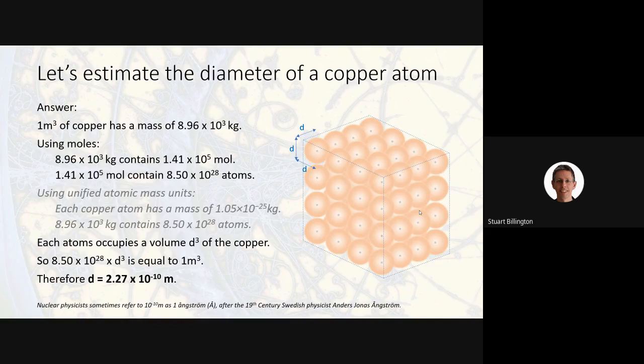So here we go. You've been told that 1 cubic centimeter of copper has a certain mass in grams. We just always deal in kilograms and meter cubes. So we just need to scale that up from 1 centimeter cubed to 1 meter cubed. So there are 100 centimeters in a meter, and therefore there are 100 cubed centimeters in a meter cubed.